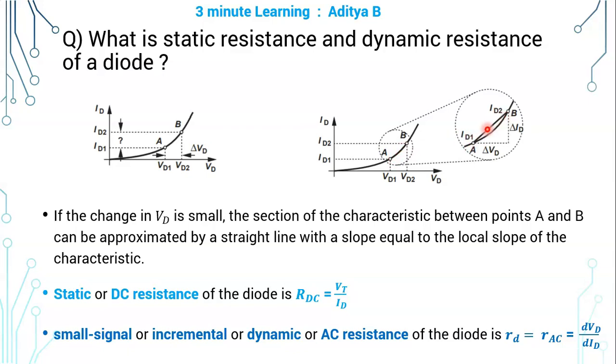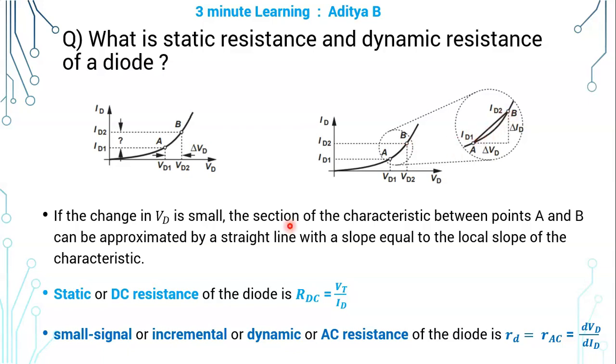So if we approximate A and B by a straight line, there is very minimal error, as you can see here. If the change in VD is small, the section of the characteristic between points A and B can be approximated by a straight line with a slope equal to the local slope of the characteristic.